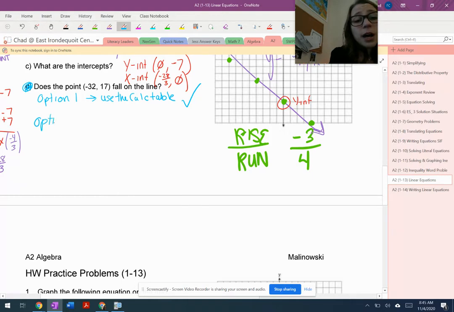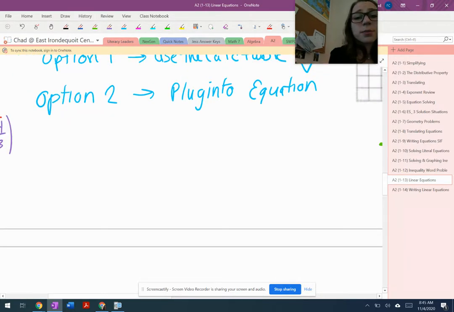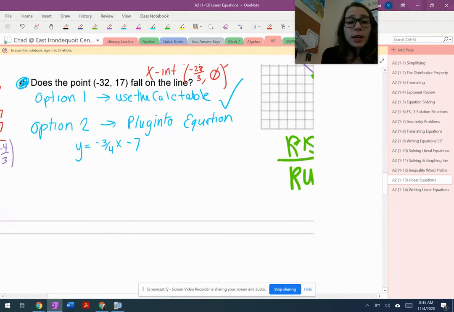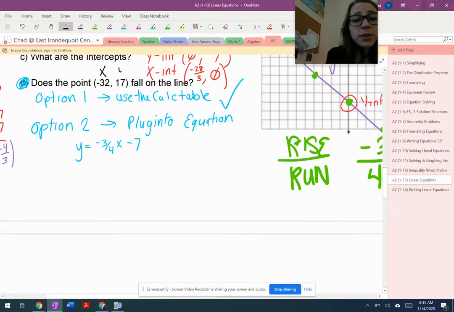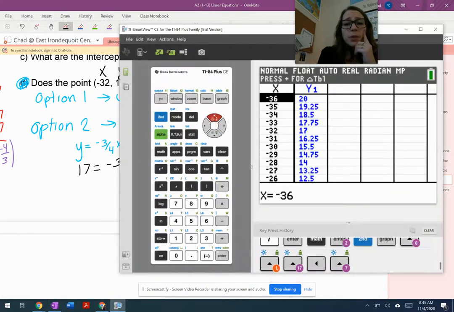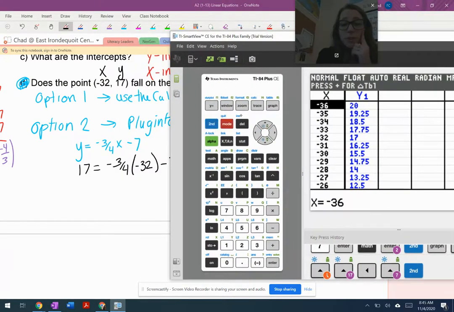Or option 2 is plug it into the equation. If I had that equation that we started off with, y equals -3/4 x minus 7, and I plug in, remember -32 is an x value, 17 is a y value, so 17 is equal to -3/4 times -32 minus 7. And again, I can jump right to the calculator.